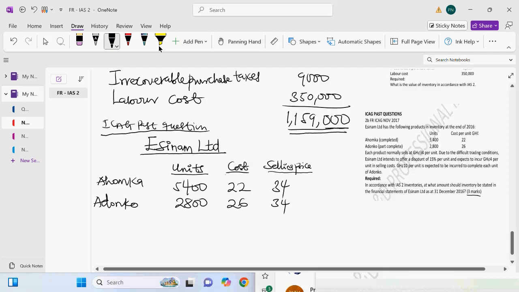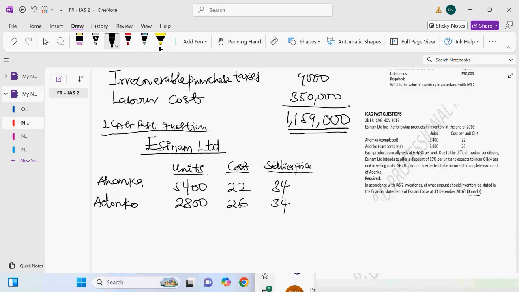Due to the difficult trading conditions, the company intends to offer a discount of 15%. So the selling price will receive a discount of 15%, which means the selling price will not be 34 anymore. It will be less the discount.